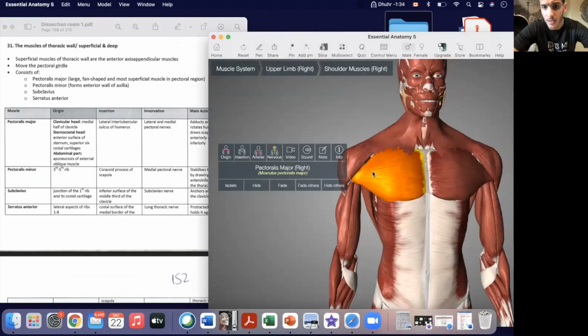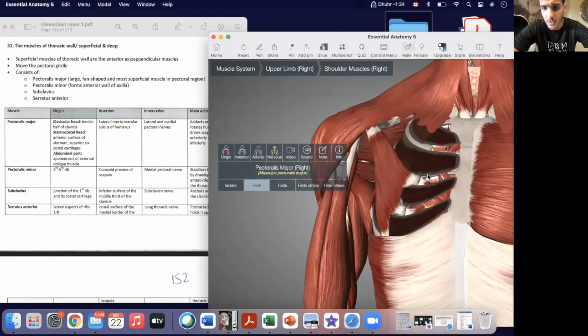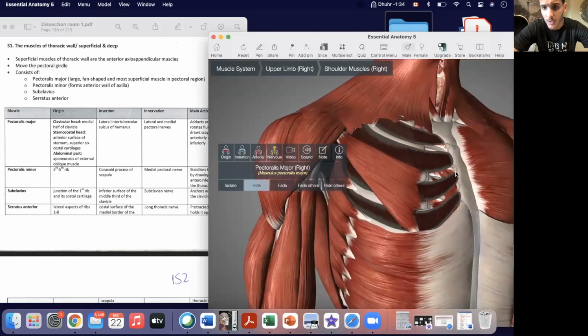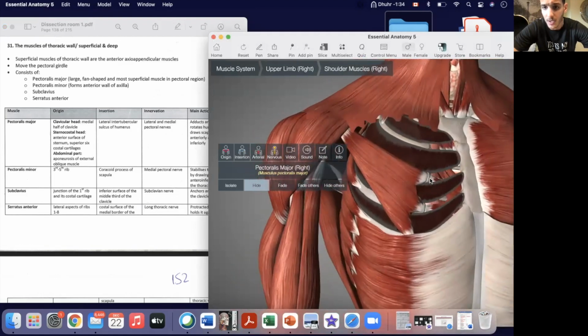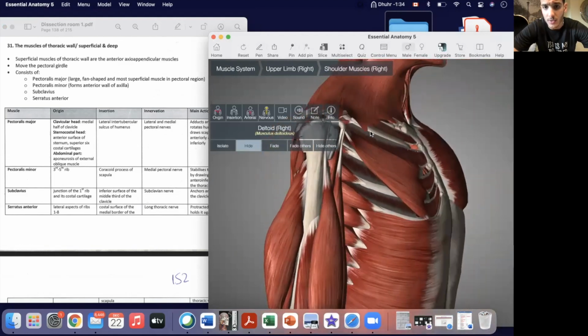Let's just look at this muscle real quickly. Let's go back, and then I'll go hide. So that's the pectoralis minor, and as we have mentioned, it originates from the 3rd, 4th, and 5th ribs, and it inserts into, let's hide this one, the coracoid process of the scapula.